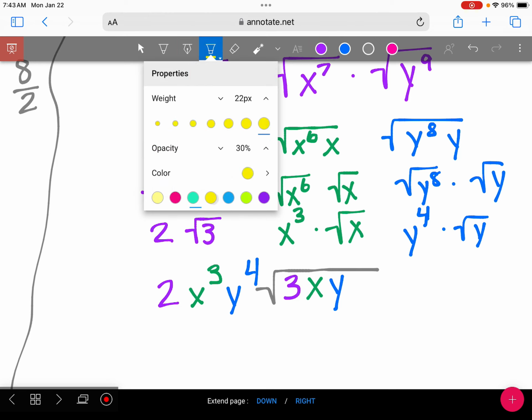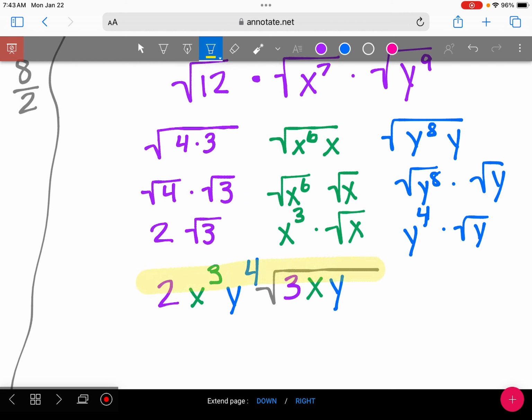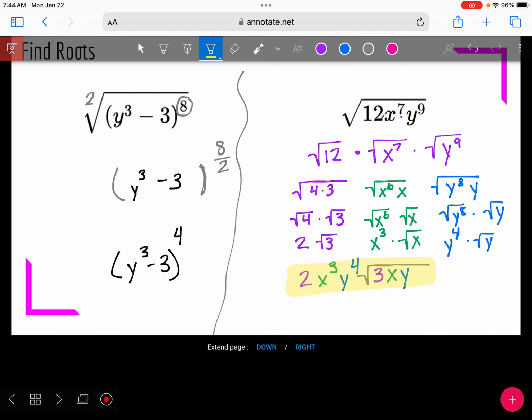This is our answer here. Zoom it out so we can see it. So we're splitting things apart and splitting things apart and then continuing to split things apart until there's something I can simplify. So we're breaking them up into pieces.